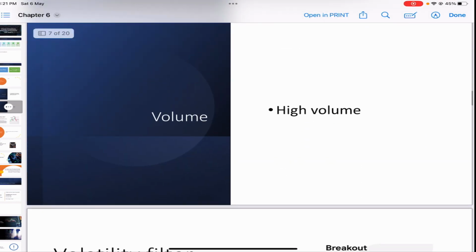Now we come to the volume filter. I cannot emphasize enough how important volume really is in order to confirm your trades. You really need to have good volume to confirm your breakout. Ever since I got to know about volume, my trading accuracy and success has literally multiplied I don't know how many times.